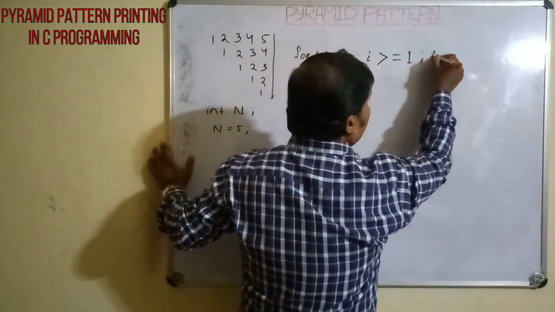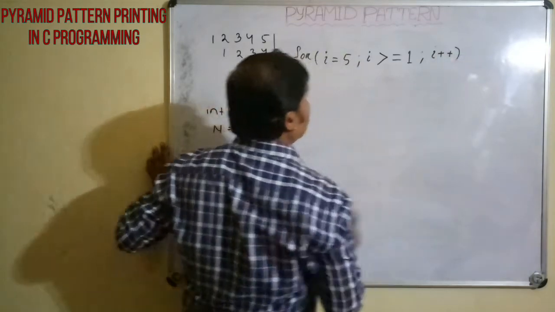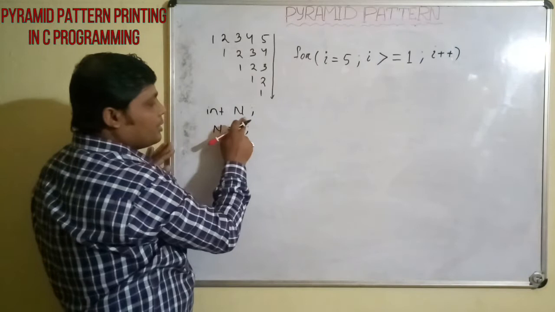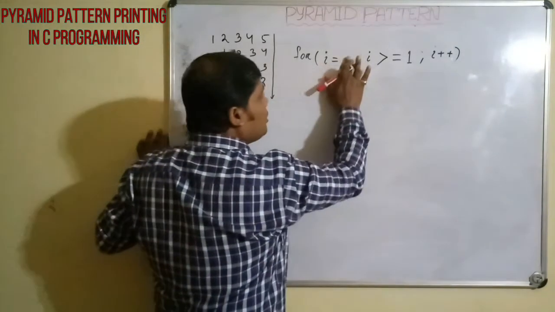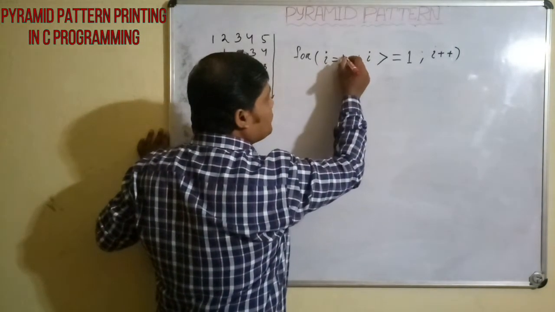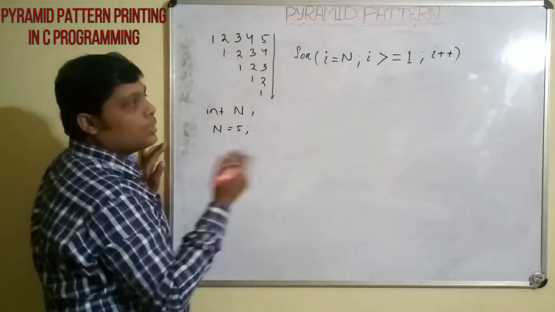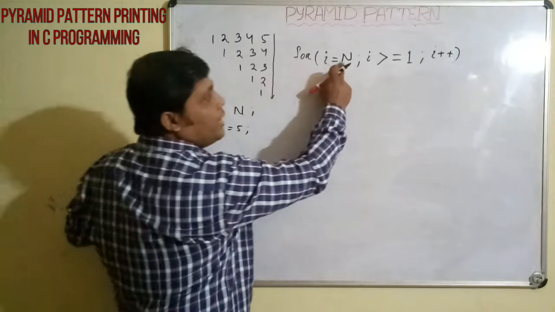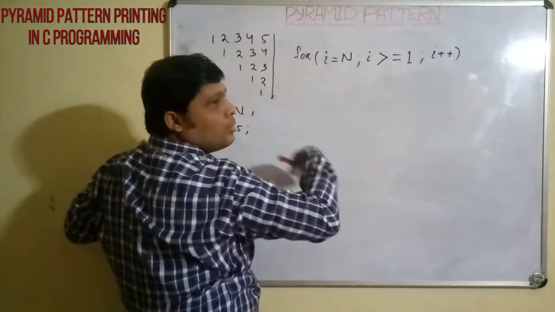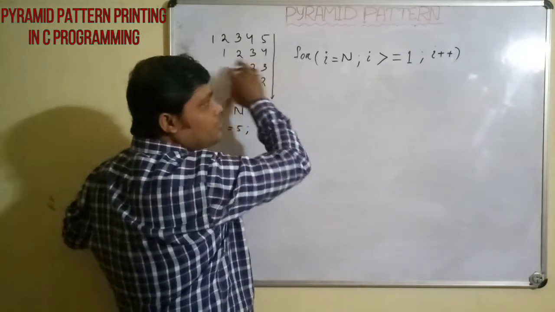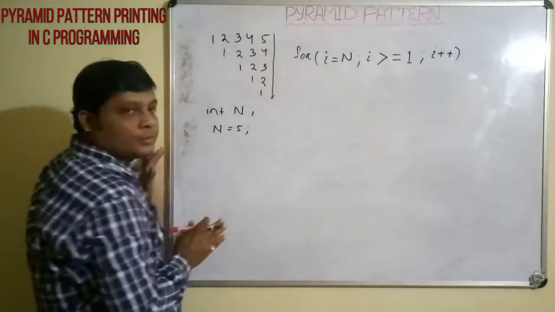Then i plus plus. Instead of 5, I am taking n. N value is 5. So here I will start from n, I start from n, ends with 1. You can see n to 1. It will work for what? N times. That is n value 5, it will work for 5 times and it will print 5 lines.